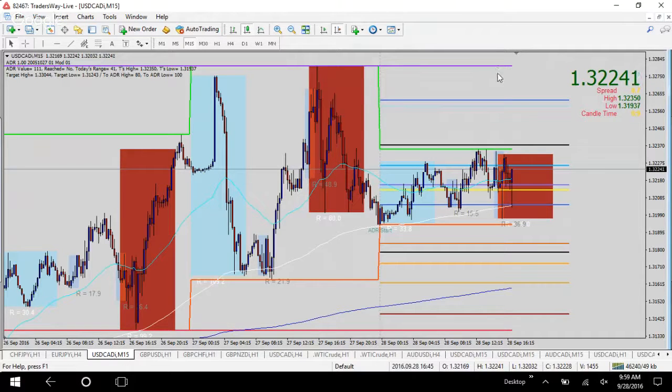Let's see if the news is positive for USD. All right, so far nothing really. It was one of those announcements where it just spiked up 50 to 100 pips.